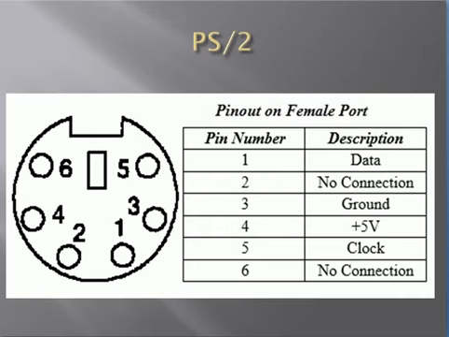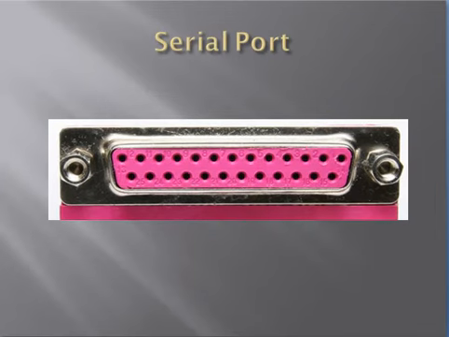Now we learn about the serial port. Friends, what is a serial port? Even though the communication in PS2 and USB is serial, technically, the term serial port is used to refer to the interface that complies with the RS-232 standard.